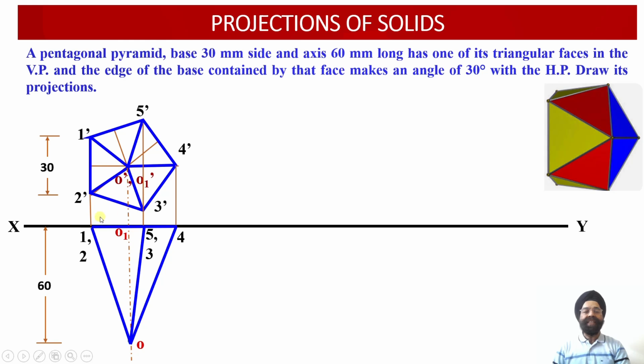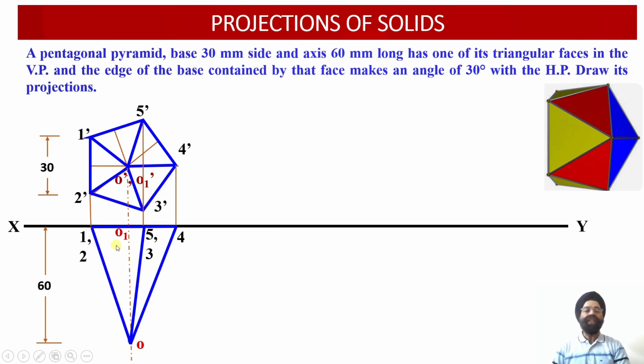But this dotted line or hidden line projection corresponding to the slant edge O2 has been overshadowed, or superimposed, by the object line projection corresponding to the slant edge O dash 1 dash.